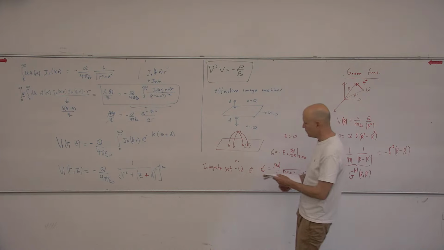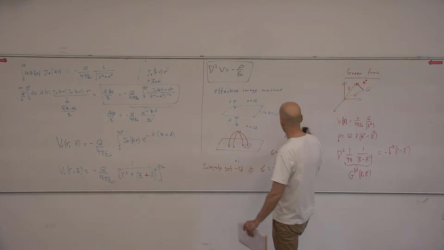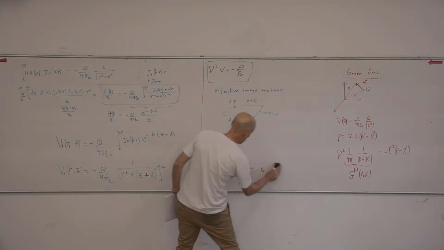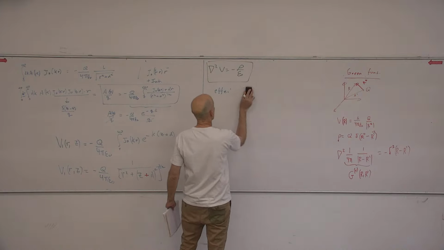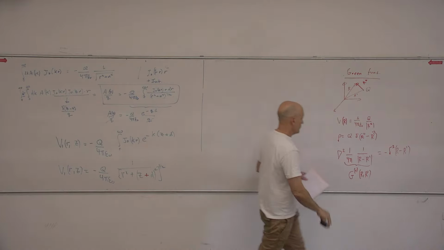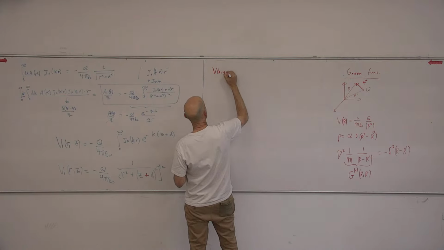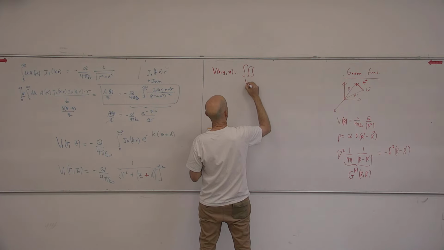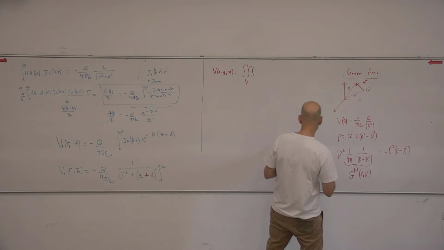Why do I care about this function? In this problem and in generality, with this green function I can now do something trivial. I can write that V, let's call it now x, y, z, is equal to the integral over the whole volume of the system where the charges exist.